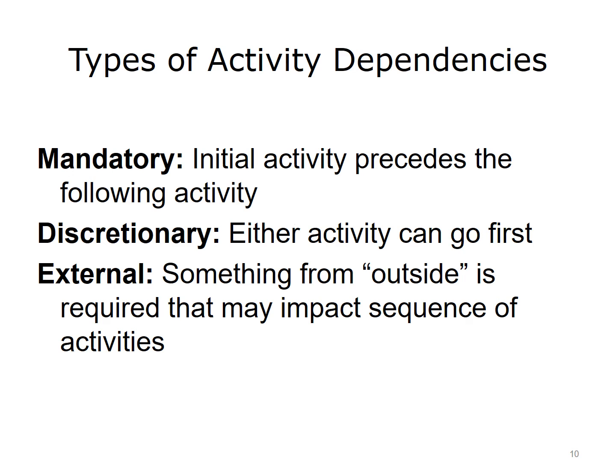For example, plumbing and electrical work in construction can be performed in either sequence, so the manager will have to use best judgment here. An external dependency is something that is required from outside the project, and it can impact the sequence of activities. Permits or inspections are examples of external dependencies.